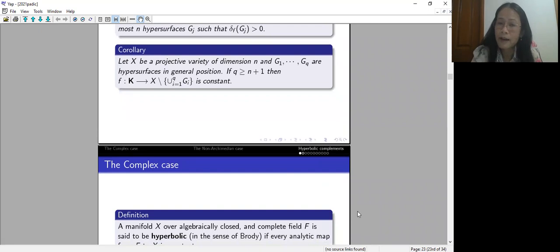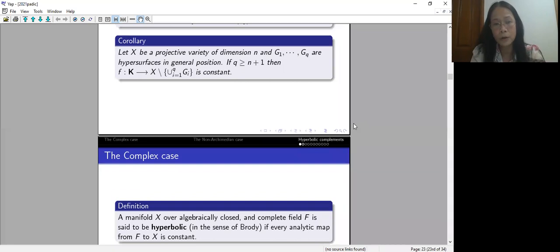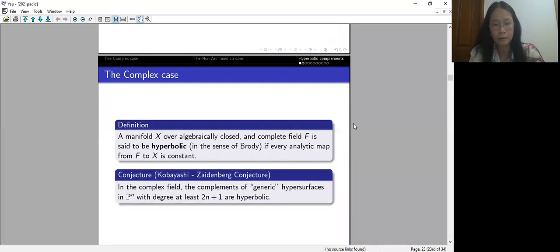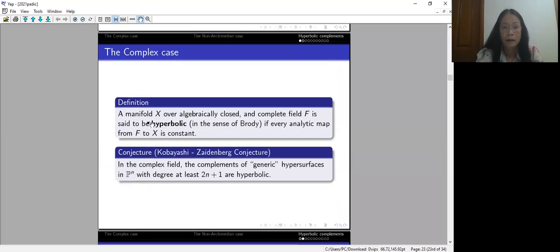This is also a very big problem, and it works for the complex case and also for the p-adic case. So first I will introduce the complex case. A manifold X over the algebraically closed complex field is said to be hyperbolic if every analytic map from the field into X has to be constant.